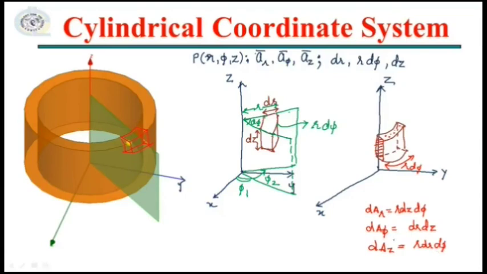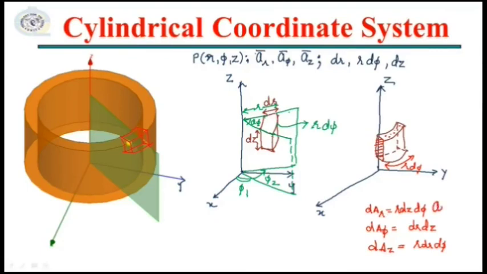Now these are the areas. Now these are just magnitudes. We now want to define the area vectors. So in order to have area vectors, we put associated unit vectors. So here when I say dA r, it's the r constant plane.